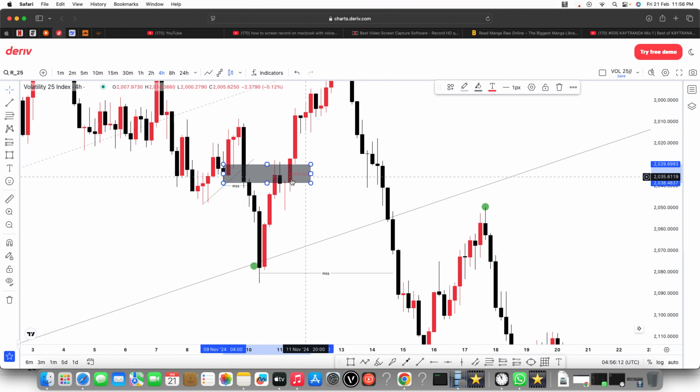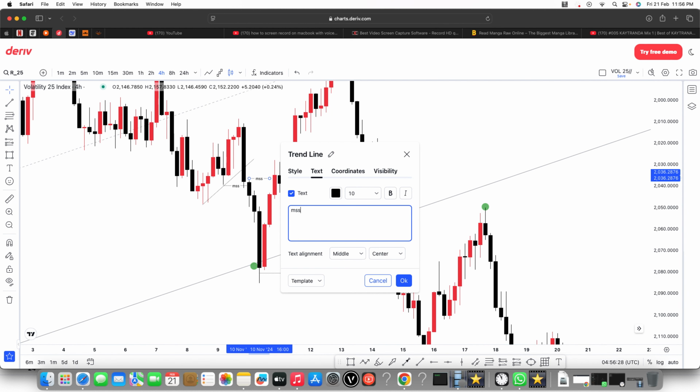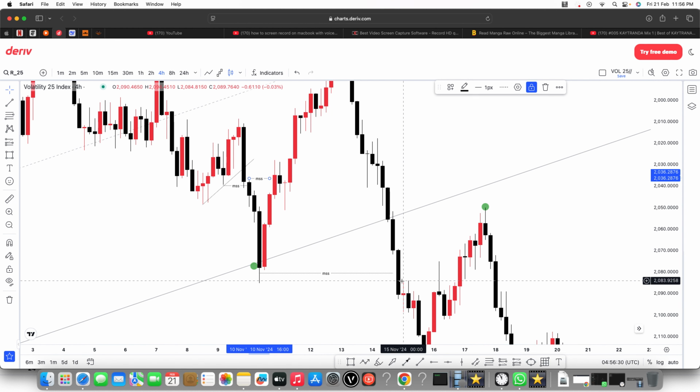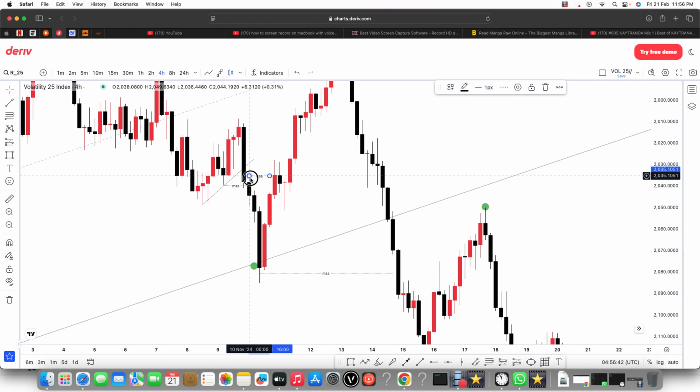Funny enough, once this zone is broken back through right here, we call this a market structure shift, or might I say, let's put it here. Yes, it should be right here.